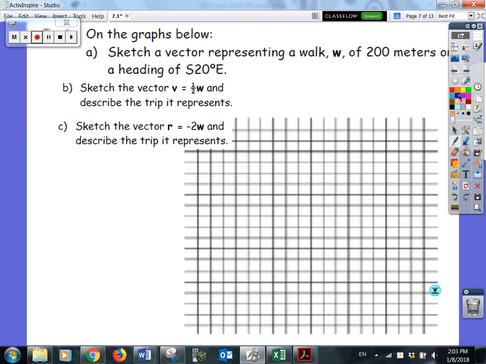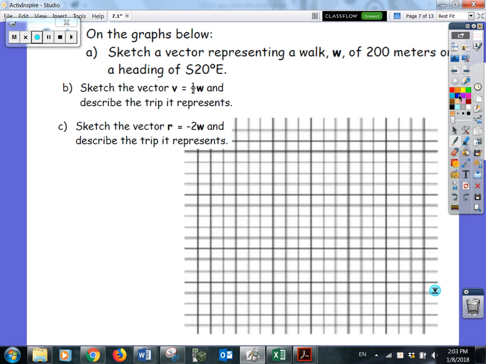So the second question says sketch half of W, and then the third one, negative 2W. The reason why we have to think about all of them is because, just like when we did those navigation and surveying problems, we couldn't just start in the top left like normal. We kind of had to be strategic about where we started our graph.